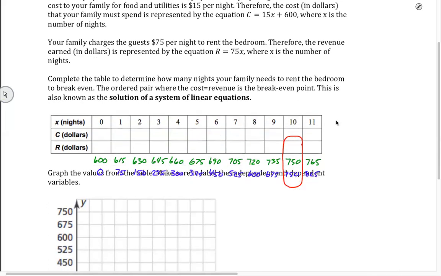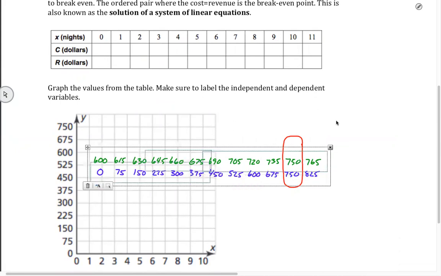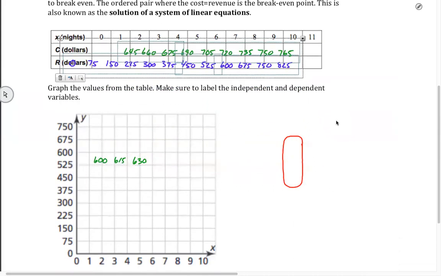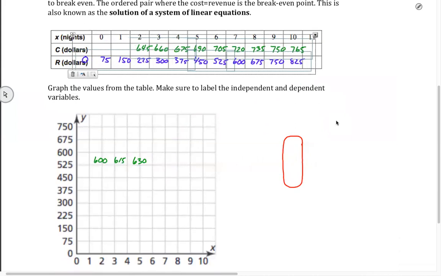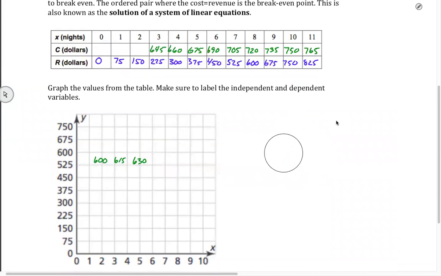So now we need to plot all of these points. All right, so we got everything in there.